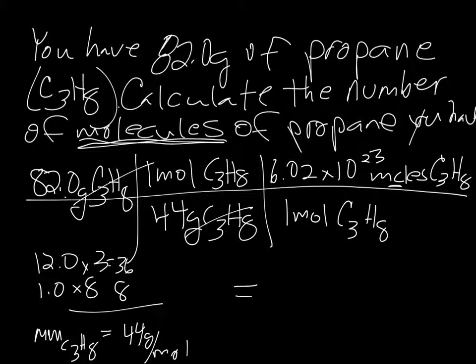Then what I do is I take 82, punch that into my calculator, times 1, because now our moles of C3H8 cancel. We're left with 1. So 82 times 1 times 6.02 E, my E button, 23.